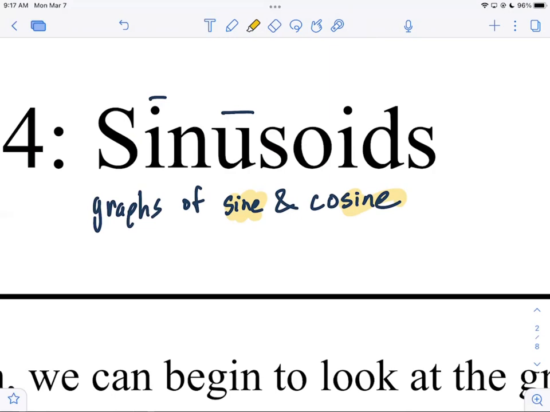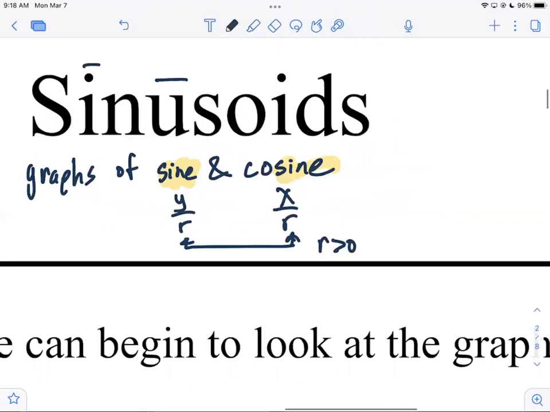Sinusoids. Now remember that the definition in terms of x, y, and r is y over r for sine and x over r for cosine. These are the only 2 that have r in the denominator, okay? And r has to be greater than 0, so it has to be positive. So we're never dividing by 0, and these are not going to be negative because of r. Now, every other trig function doesn't have an r in the denominator, so x and y can be 0.